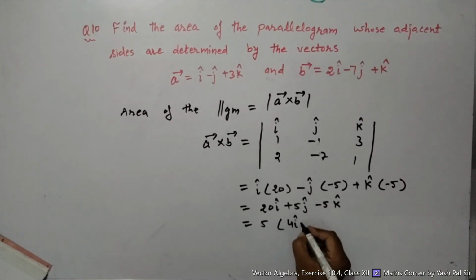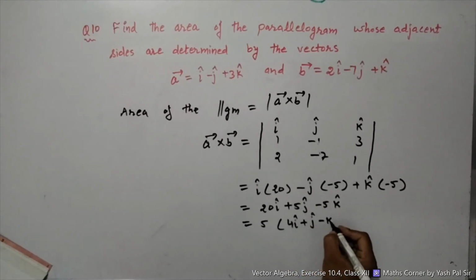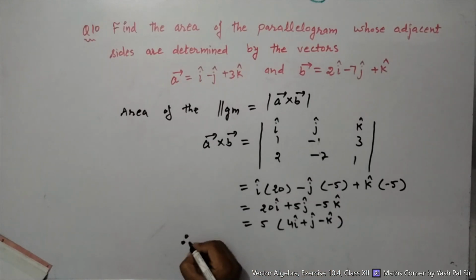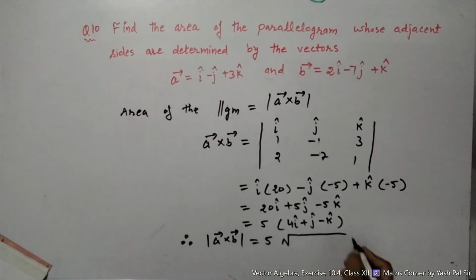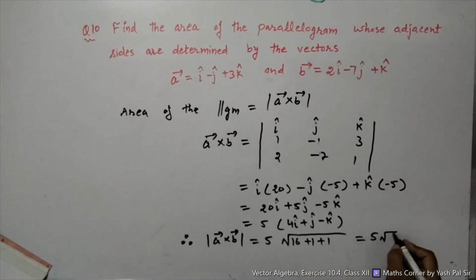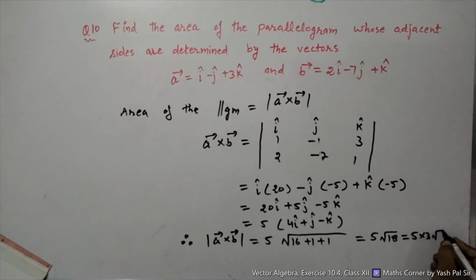We can take 5 common. We are left with 4i plus j minus k. Therefore, magnitude of A cross B is equal to 5 into square root of (4 fours are 16 plus 1 plus 1), that is equal to 5 square root of 18, that is equal to 5 into 3 square root of 2.